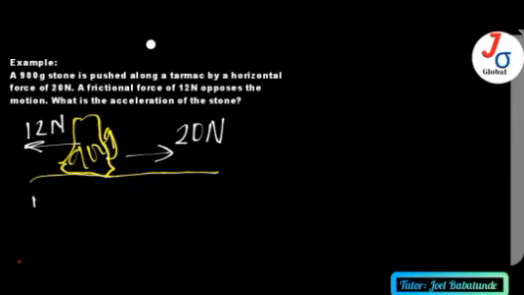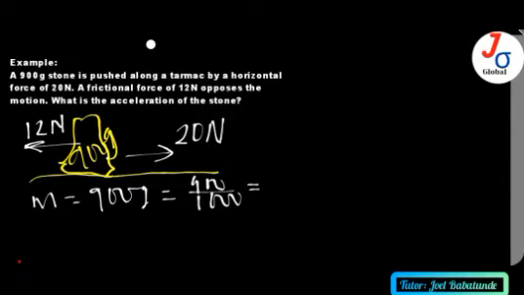Now we have the mass to be 900 grams, but then we have to convert it to kilograms, and that'll be 900 divided by 1000, which gives us 0.9 kg. And then we have our force.